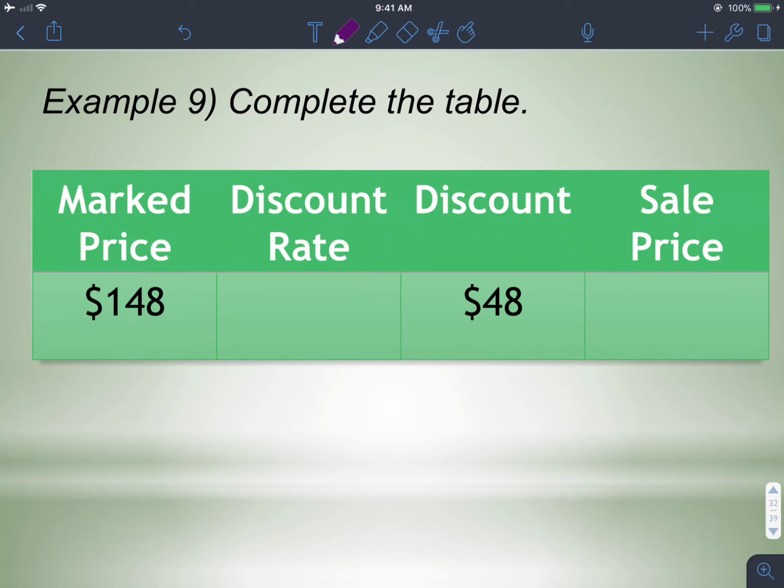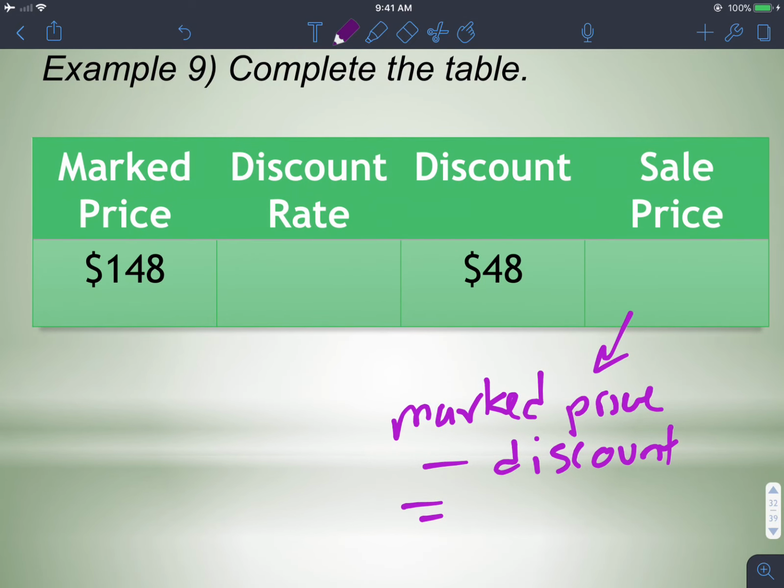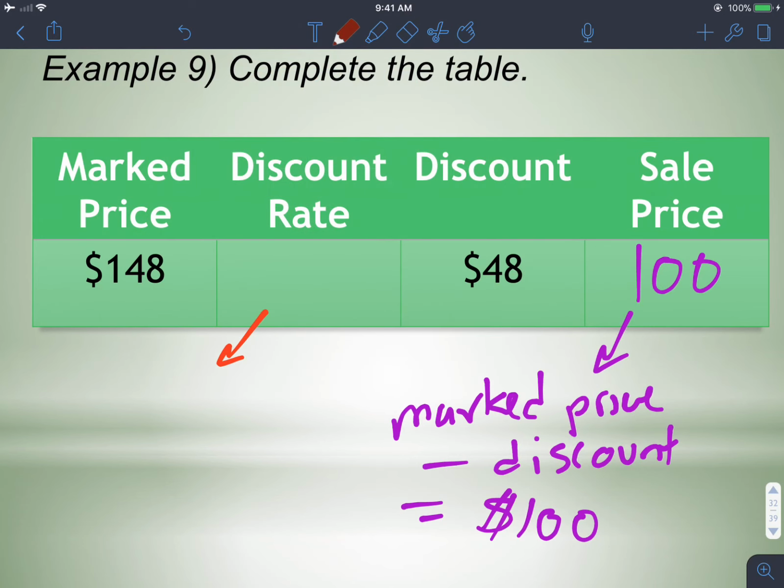Subtract. 148 minus 48. Did you do it? 148 minus 48? $100. This one maybe takes a second thought. How do you find the discount rate?